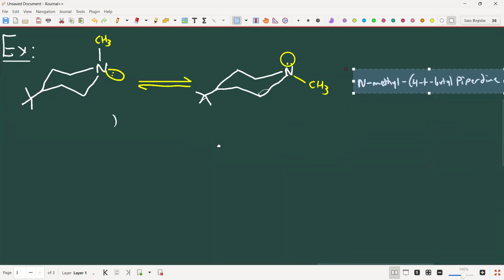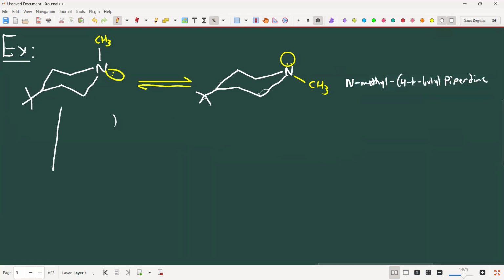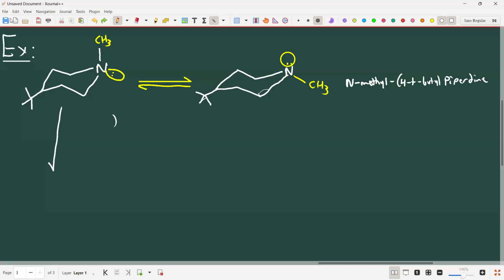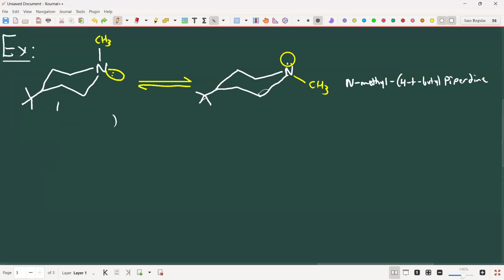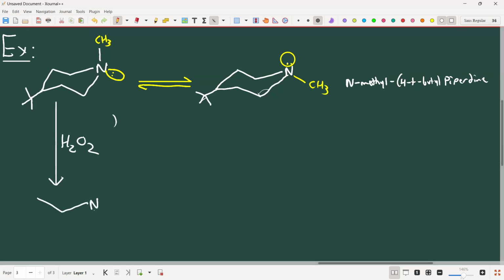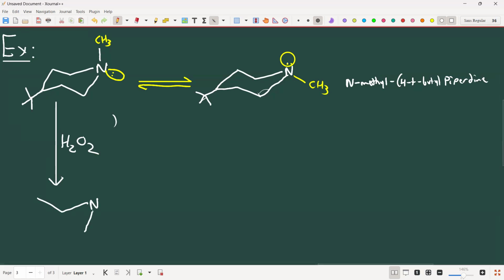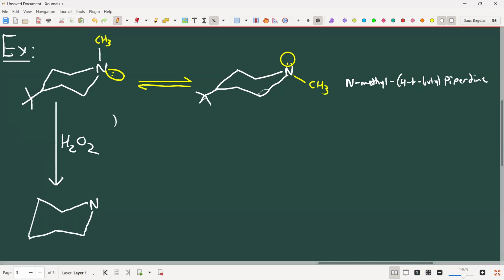Right, and under conditions with hydrogen peroxide, excuse me, you can oxidize this system to form a nitroso, NO. So this is with H2O2. Not the best cyclohexane ring in the world, I apologize.